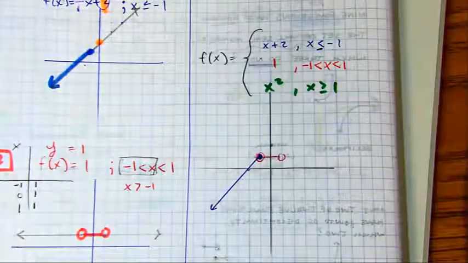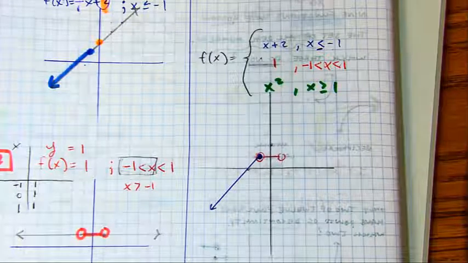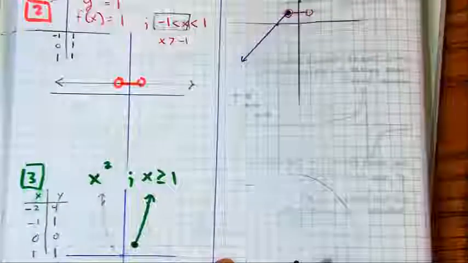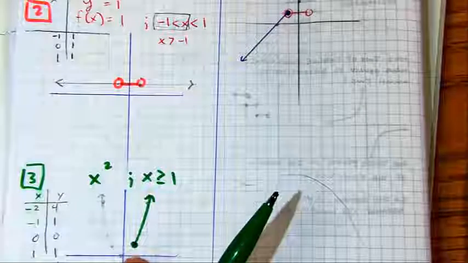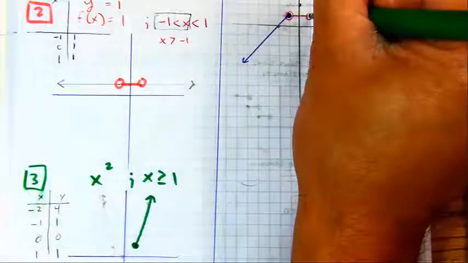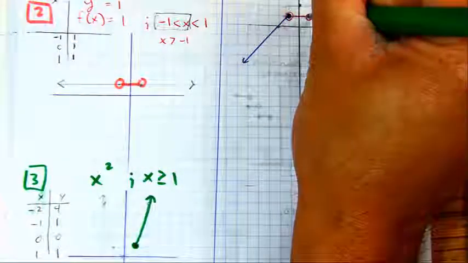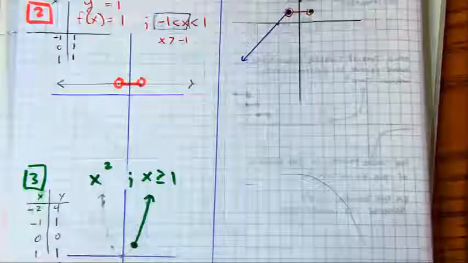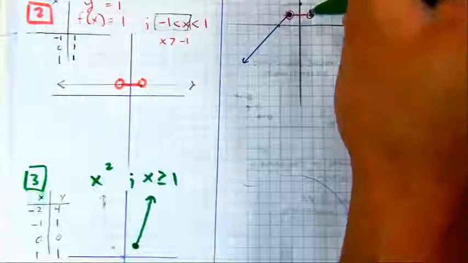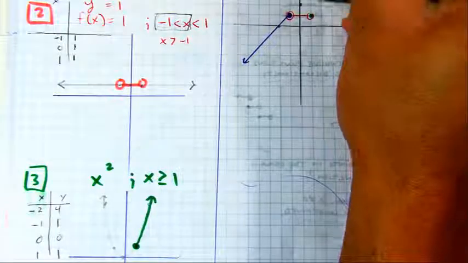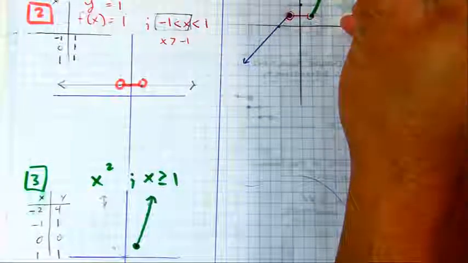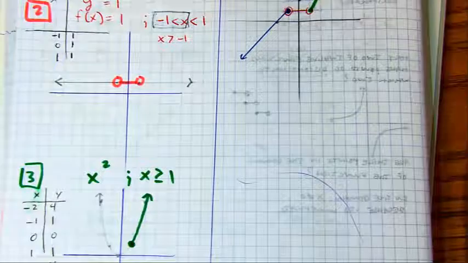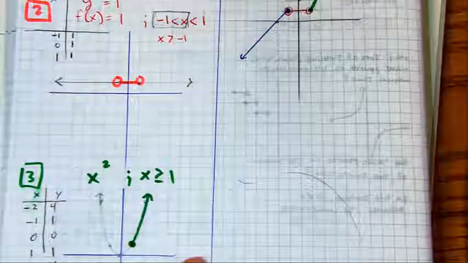And then I'm going to graph the green one. The green one was at 1, 1. It is a closed circle, so again I'm going to leave that red one kind of open. And then we said 2, 4, and then my graph should look something like this. Wow, look at that thing.